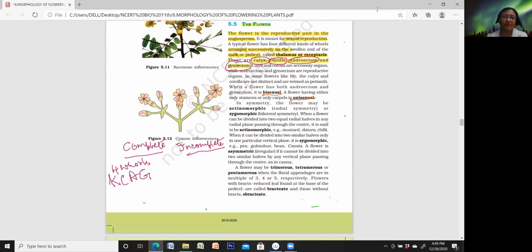So this is G, gynoecium. So K, C, A, G, if all four are present.